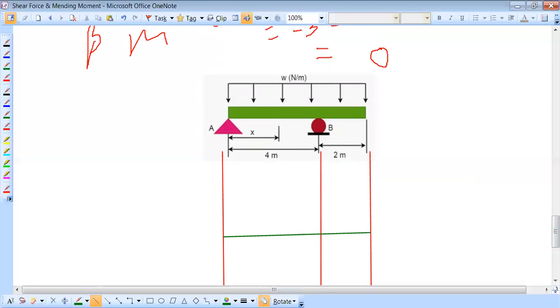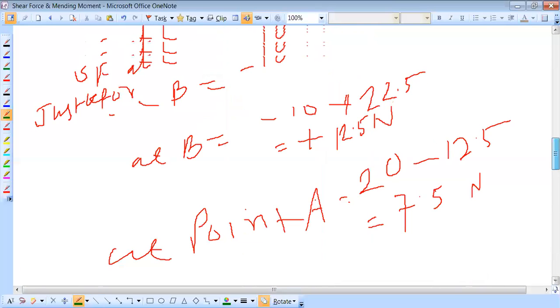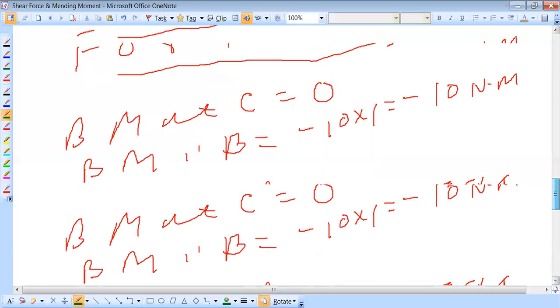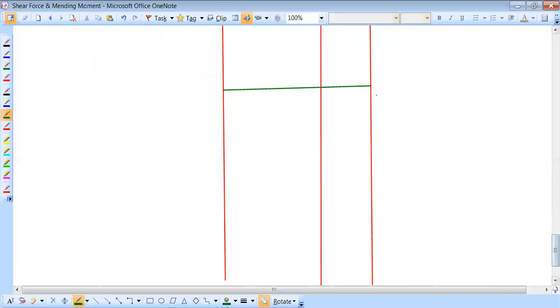We have already found out the SF at different points. Then SF at point C is equal to 0. Then SF at B is equal to how much? We have already found out. So B is equal to minus 10. So according to our sign convention, load is UDL.